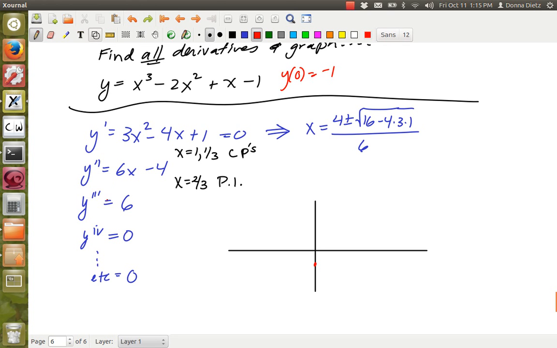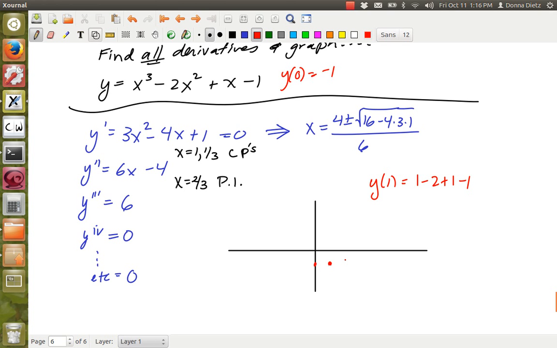Alright, so what else do we have? We want y at 1, which is 1 minus 2 plus 1 minus 1. What is it? Let's see. 1 minus 2, negative 1, plus 1 is 0, and then minus 1. So y at 1 is going to be negative 1.